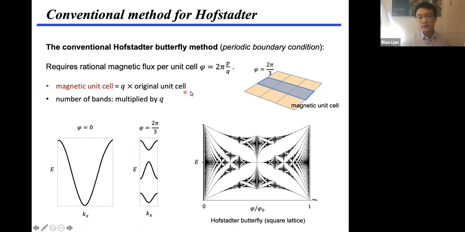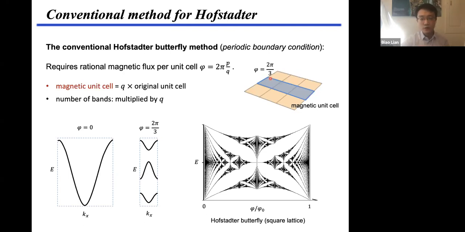So as a result, if you combine Q times of the original unit cell into a magnetic unit cell, the system still has a translational symmetry. This is basically because, for example, for phi equal to 2 pi over 3, Q unit cells together enclose a flux of 2 pi times P, which is an integer multiple of 2 pi.